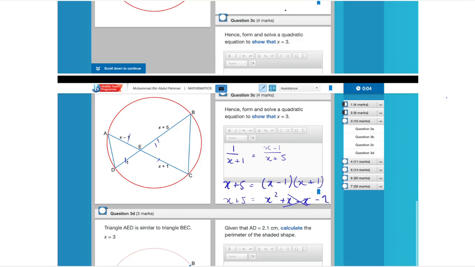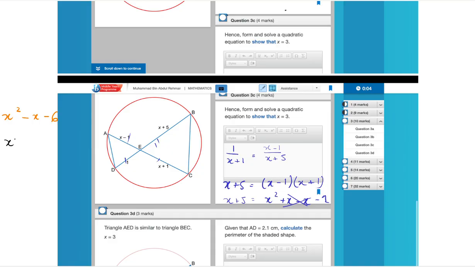So we have, let me solve it here, x squared. Let me solve it using a different colored pen so that it can integrate well enough. X squared minus x minus 1 minus 5, this becomes minus 6, right?